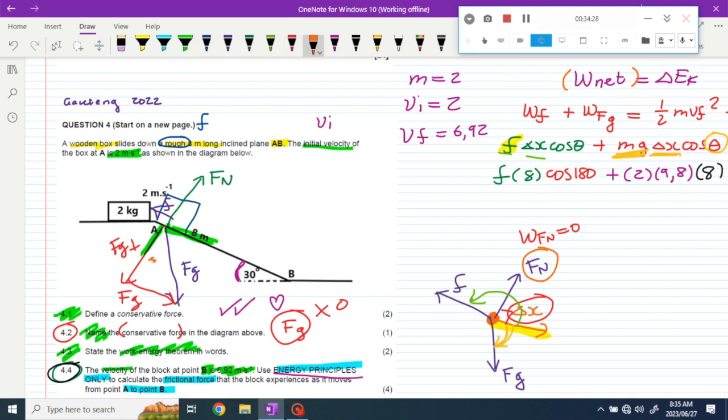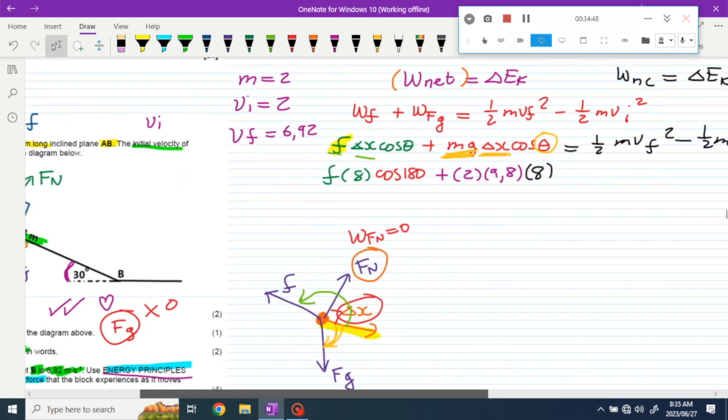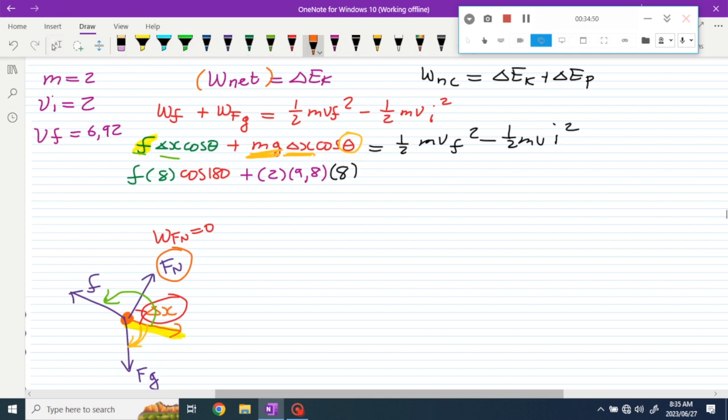And based on that, some of you said this angle is therefore 60 degrees, because 90 minus 30 is 60. So if I am using the actual Fg, I need the angle between the displacement and the actual Fg we are working with. And based on that, when I come to this formula, I'm now going to say the angle between Fg and the displacement is going to be 60 degrees.